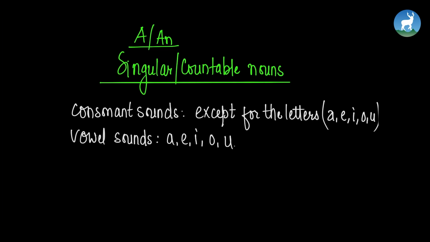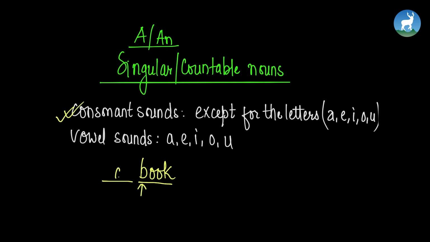So here you have to be smart enough to understand that we check the sound of the initial letter. Okay, the initial sound of the first letter. For example, book. So what is the sound we get when we pronounce the word book? The very first sound, B. It comes within a consonant sound.